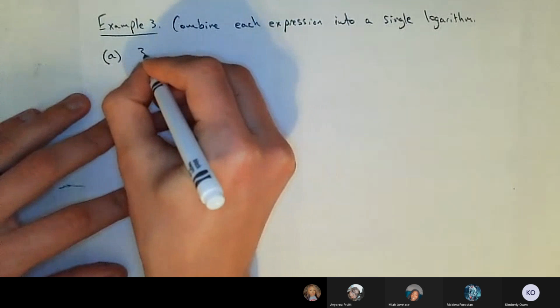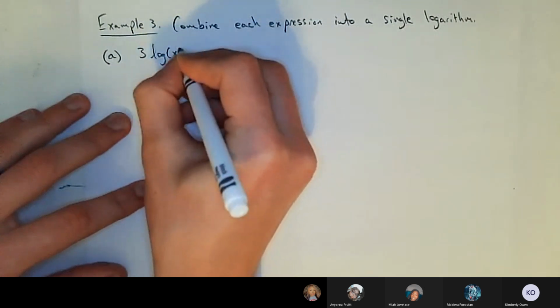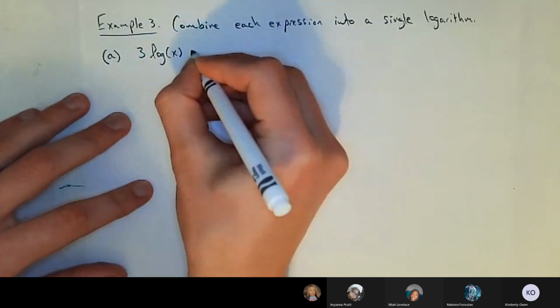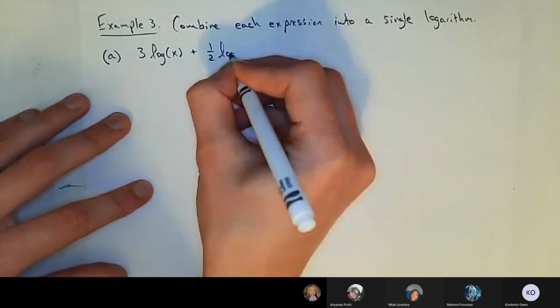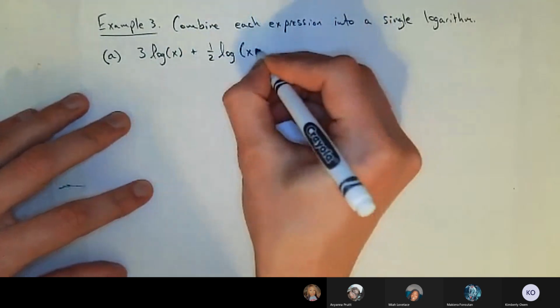So the instructions say to combine each expression into a single logarithm. So the first one, part A, is 3 times log of x plus 1/2 log of x plus 1.